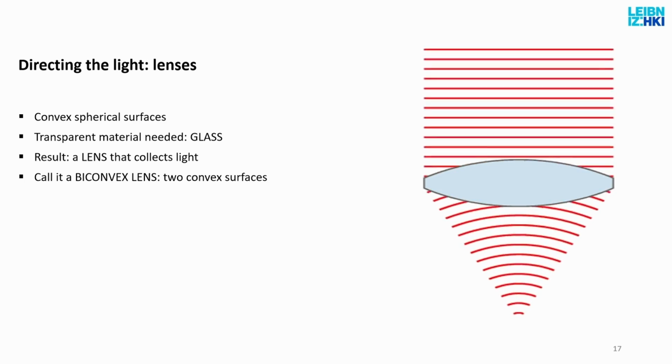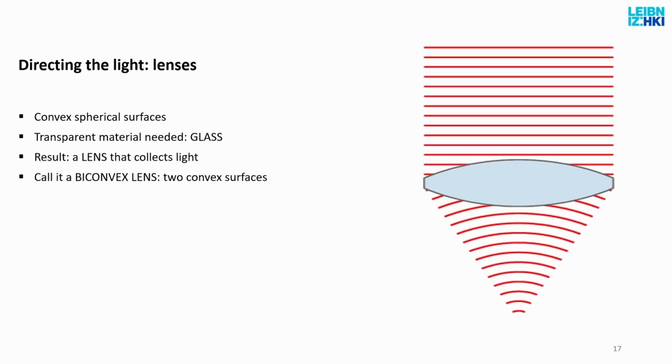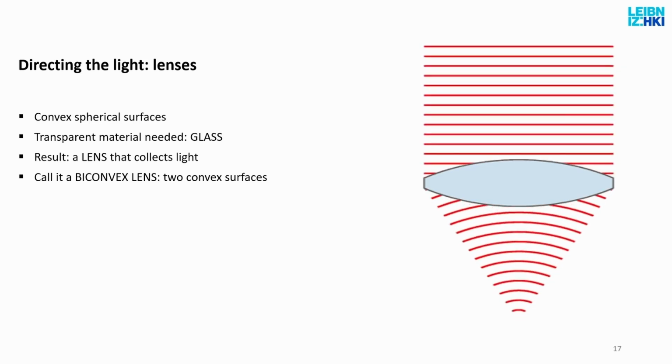The phenomenon is called focusing. So such a surface-bound piece of glass will focus light. This also means that the energy that comes in this parallel light beam will be concentrated into a very small surface, a very small point.